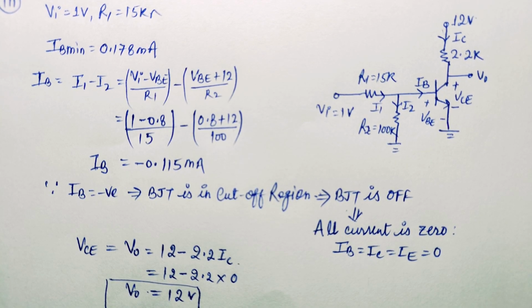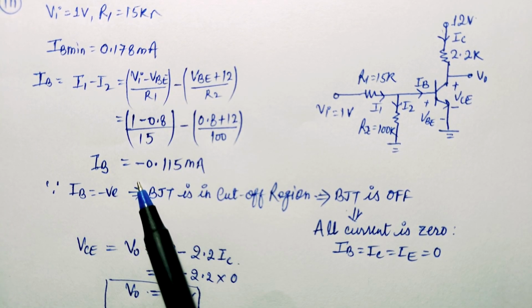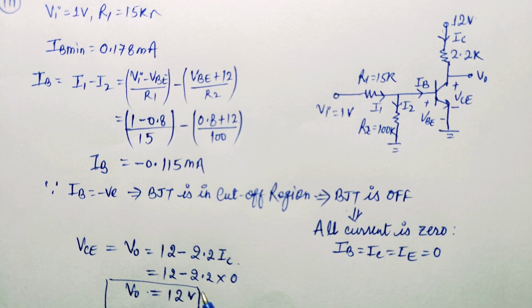In this way, we will first assume that our transistor is in saturation region, and according to the calculation of IB minimum and IB, we will compare these values and interpret in which region our transistor is working. According to that, we will next solve the problem and calculate the parameter asked in the question.